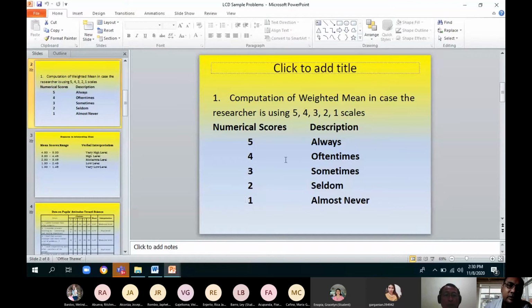So this one is in your instrument. Append this in your instrument. This is the basis of the respondents to answer the several items in your instrument. And then, the interpretation is this one.